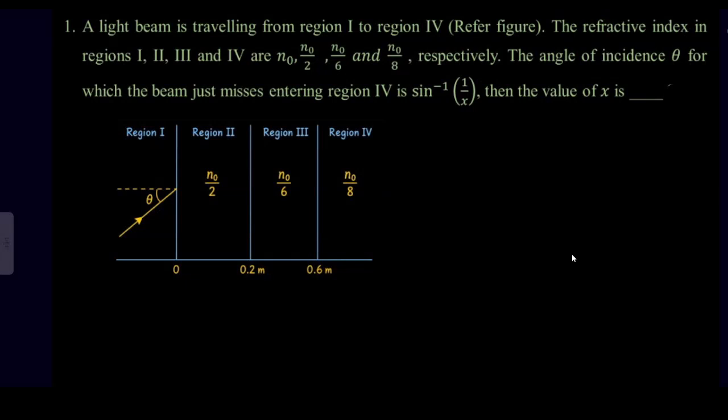See this now. What they are saying here is the light ray should not enter into region 4. It should lie only on the surface, should not come in. So let us say this light ray is coming like this, and thereafter it is going like this, but it should not enter into the fourth medium, it has to go like this only.